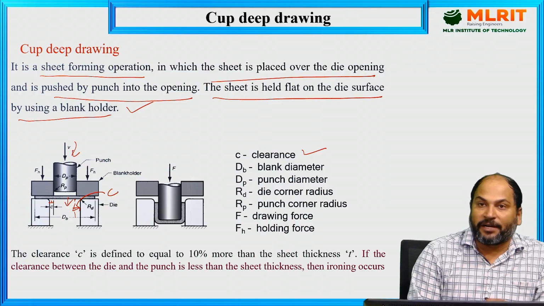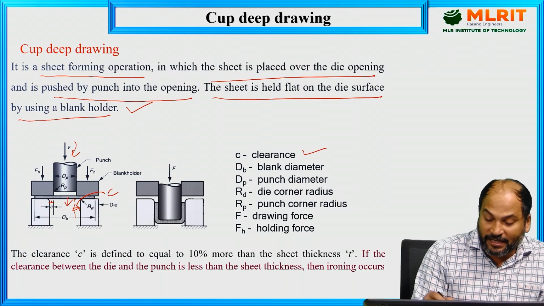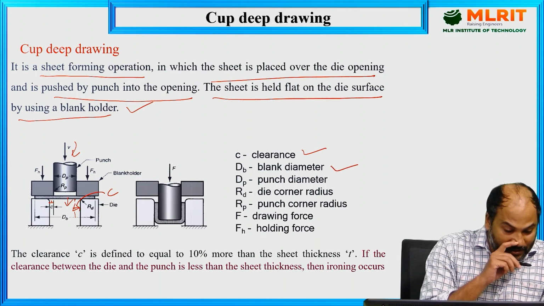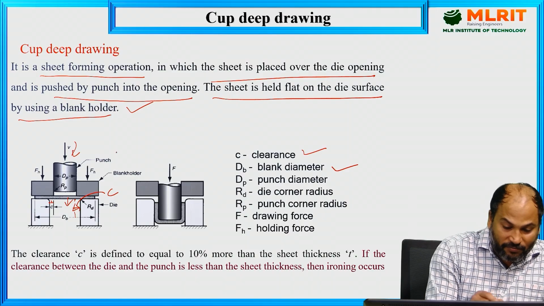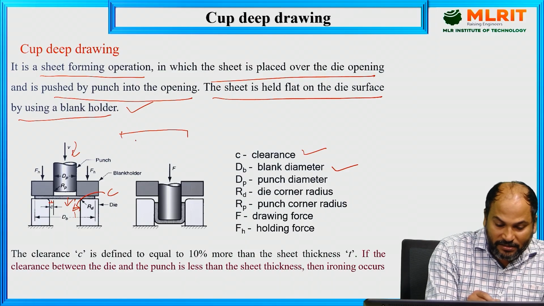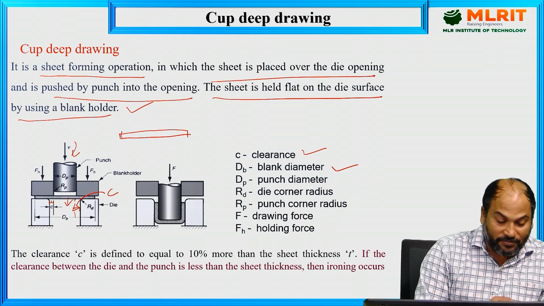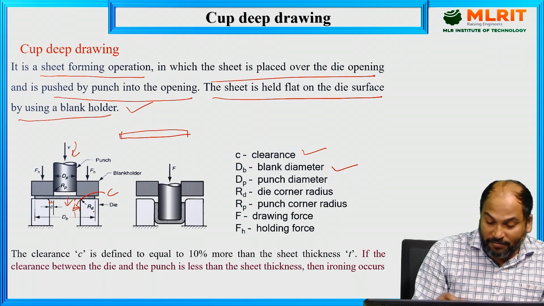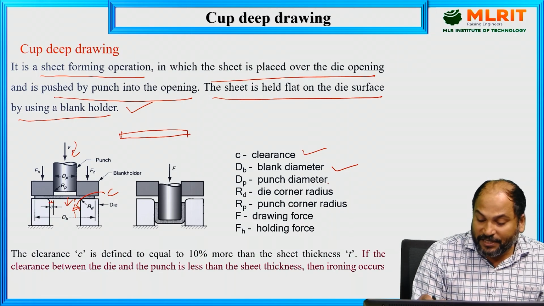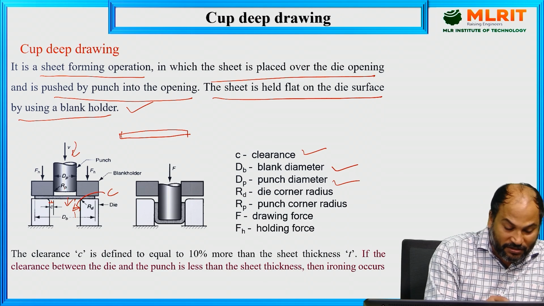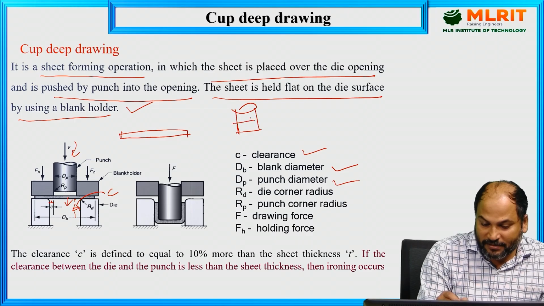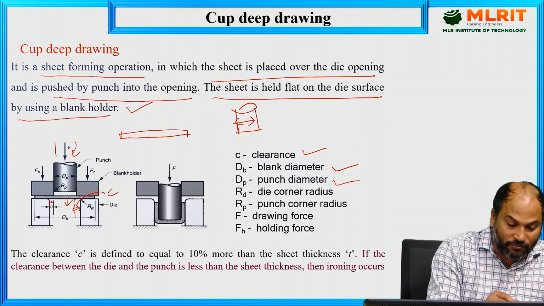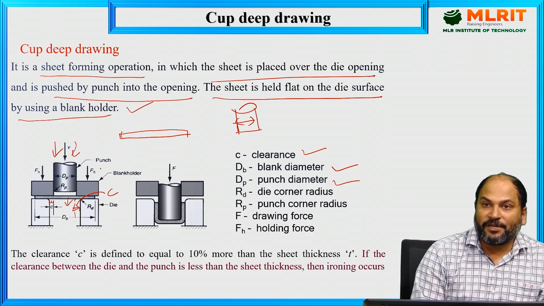Then dB is the blank diameter. This workpiece is the blank, so this is the blank diameter. Then you have dP, the punch diameter, the cylindrical punch through which we are applying force.